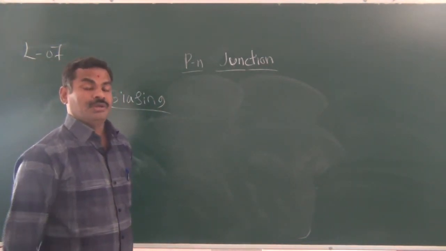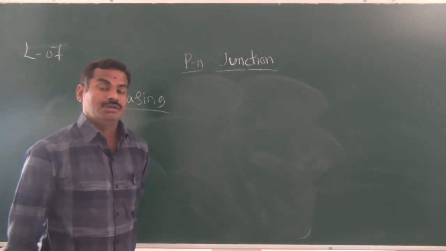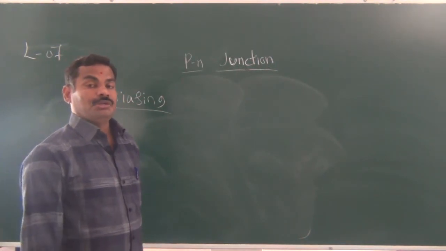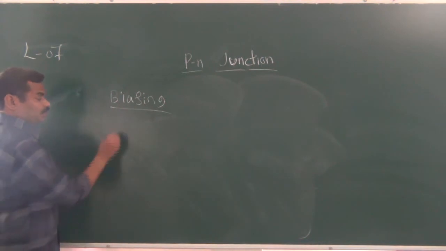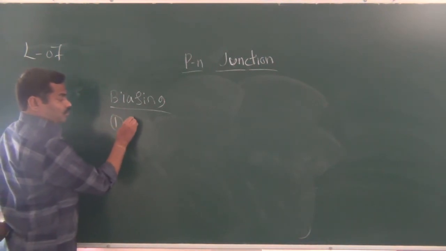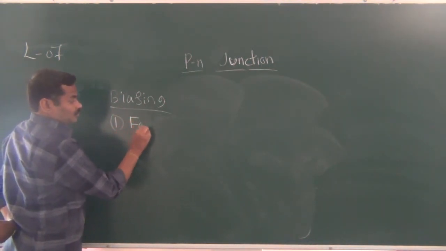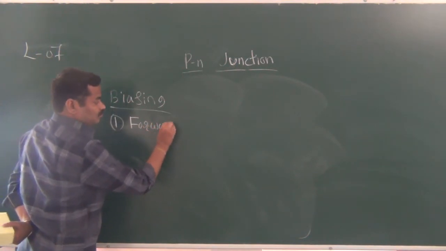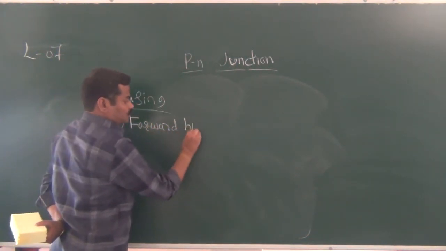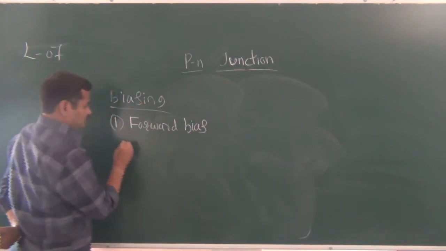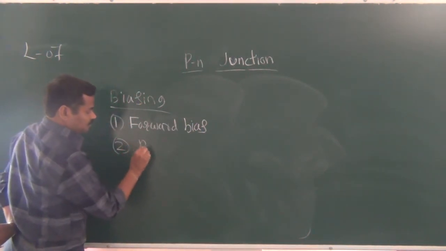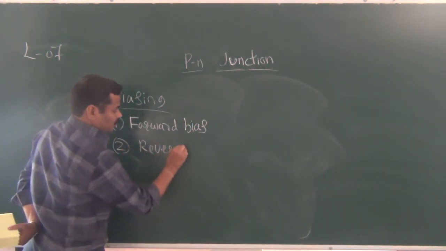There are two types of biasing: one is called forward bias, and the second one is reverse bias.